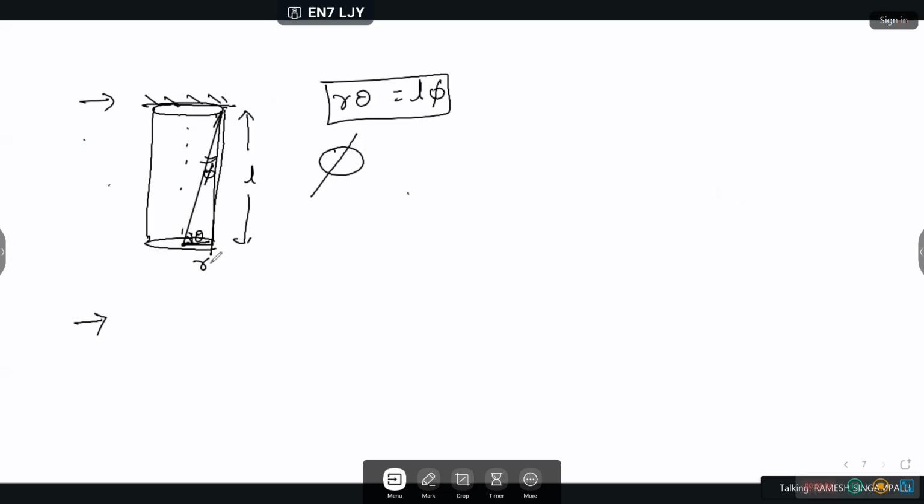Then the work done on the rod, or energy stored in the rod, is W equal to half into tau, the torque, into theta, the angle they rotate, the twisted angle.